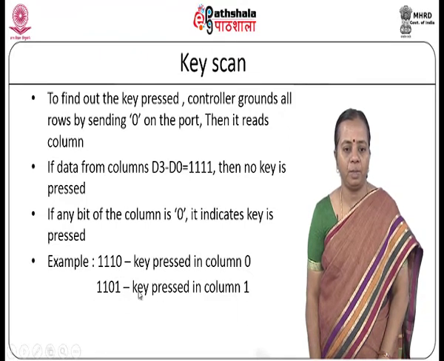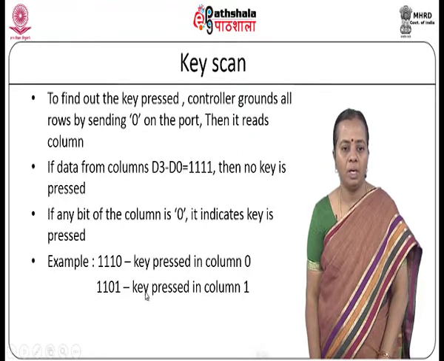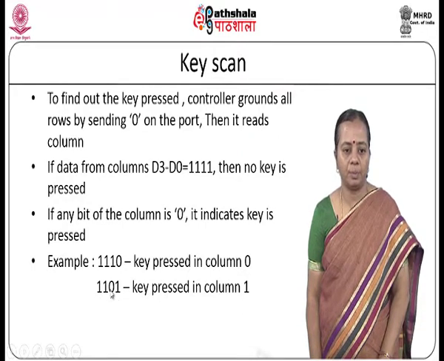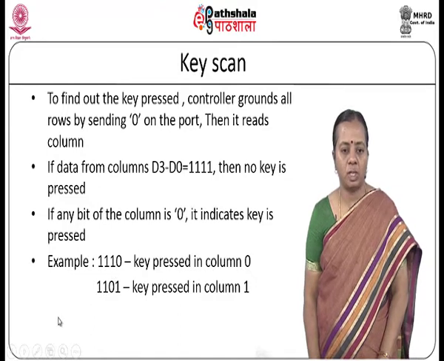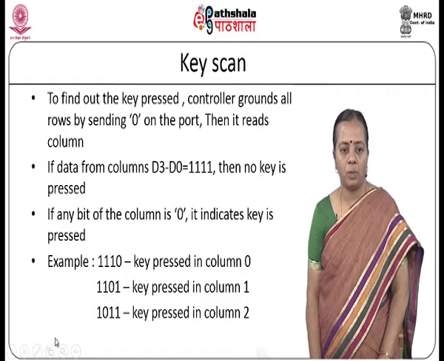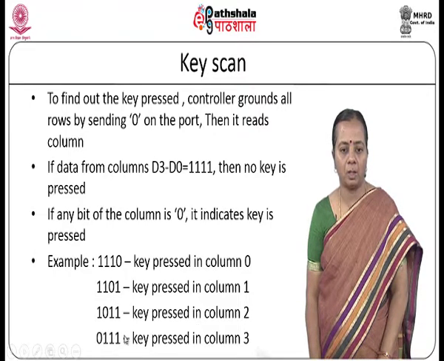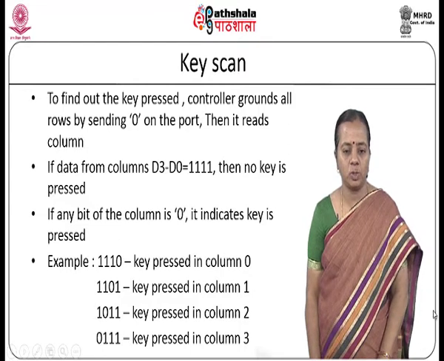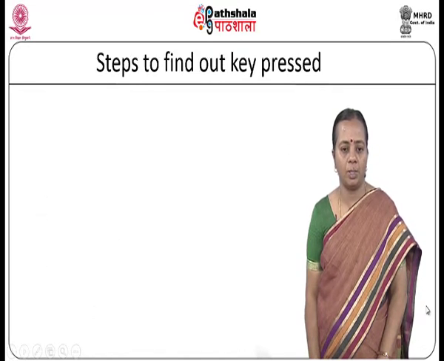If I press the second key, then I get 1101, key pressed in column 1. That means the pressed key grounds the line, so we will not get data there, so it is 0. Then 1011 says column 2 and 0111 is column 3. So, by reading these values, we can understand which column is pressed.